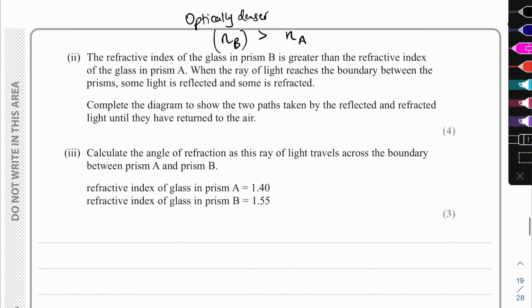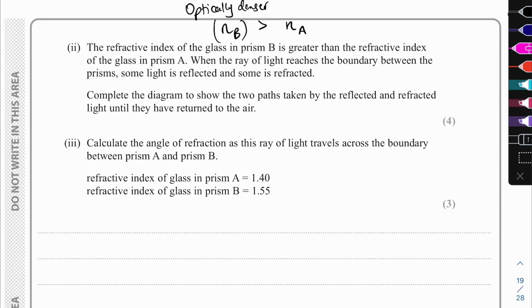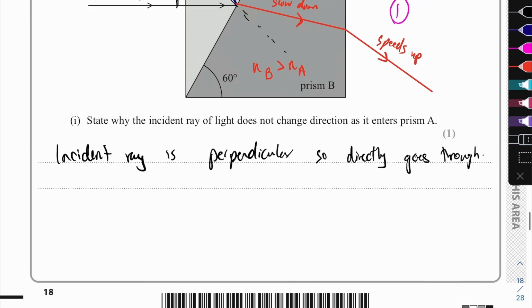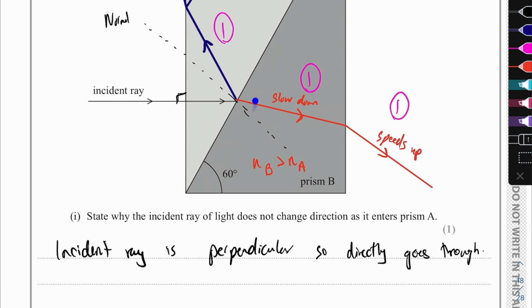Let's go to part III. Part III says, calculate the angle of refraction as this ray of light travels across the boundary between prism A and prism B. So what are we talking about? They're talking about this angle here.